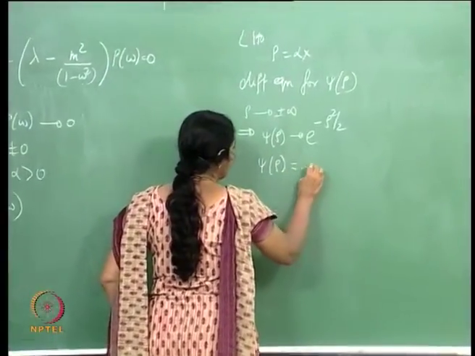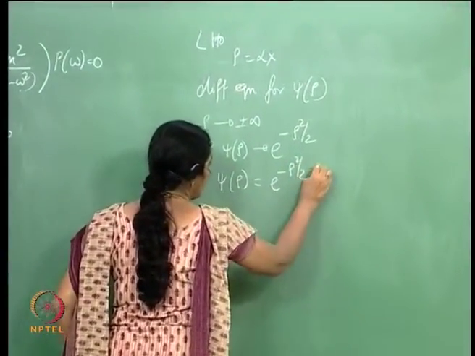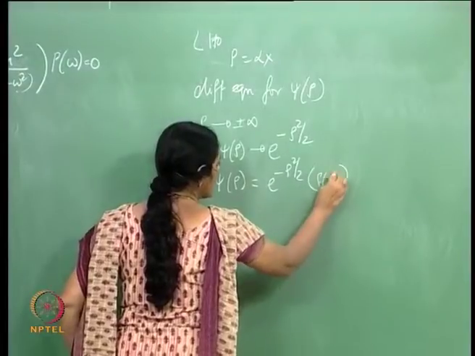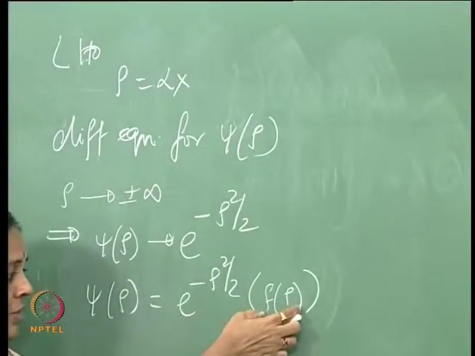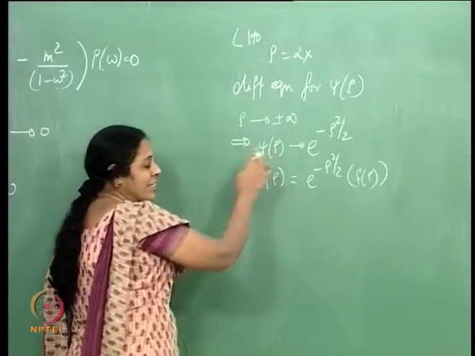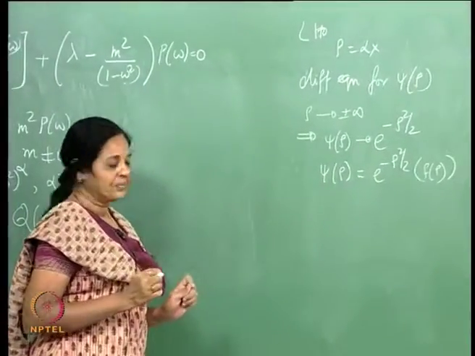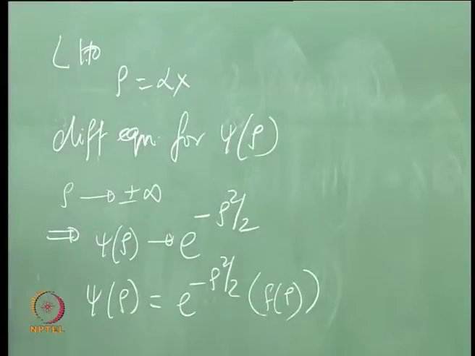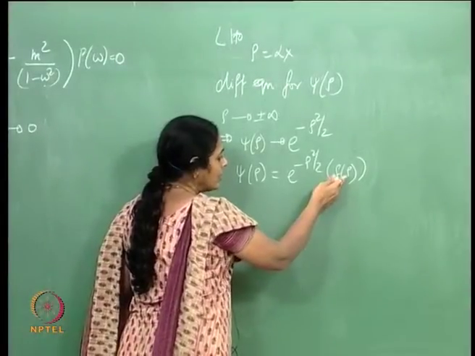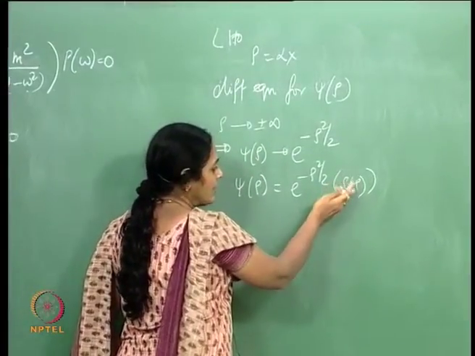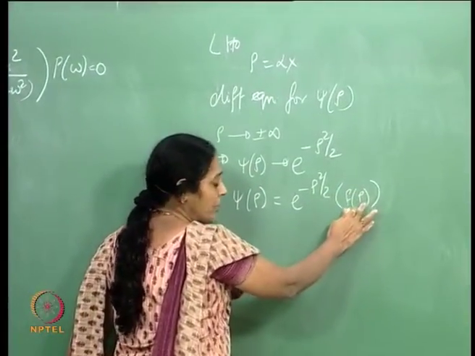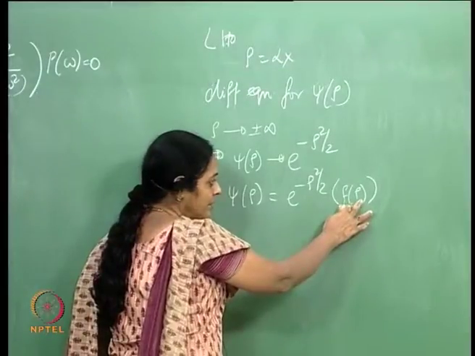We wrote psi of rho as e to the minus rho squared by 2 times some function of rho, and the behavior of this function should not affect the asymptotic form. In fact, you might recall that the differential equation for psi was then rewritten, and we had a differential equation for f of rho in that case.